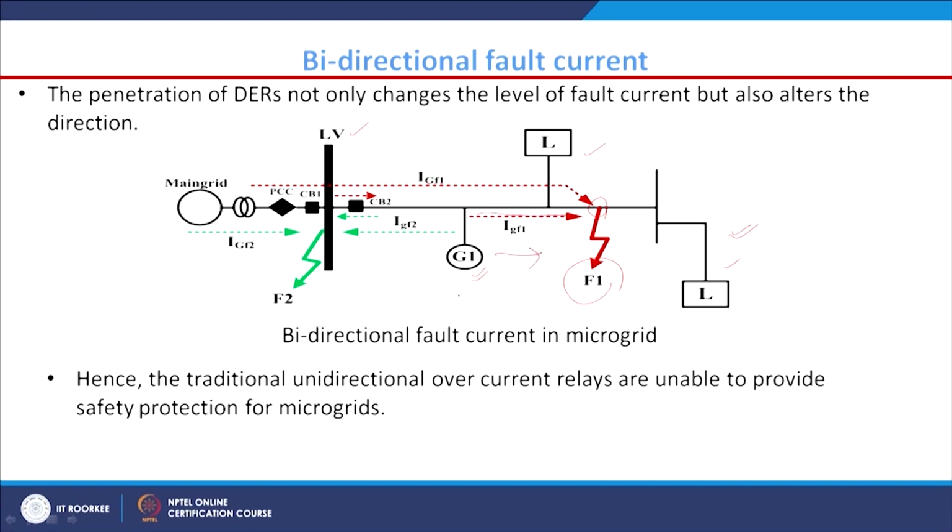But if the fault is at this LV bus or grid side bus, then this DG will contribute in the right to left direction. That means the direction of the fault current contributed by this DG differs based on the location of the fault with respect to the DG location.